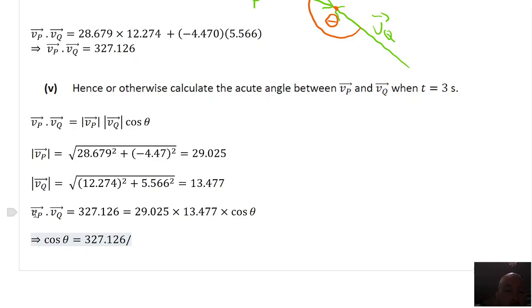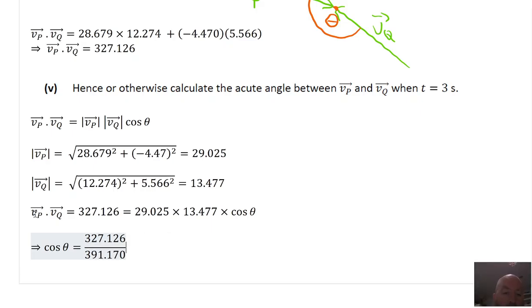29.025 by 13.477 is 391.170, and 327.126 divided by that is 0.83628.